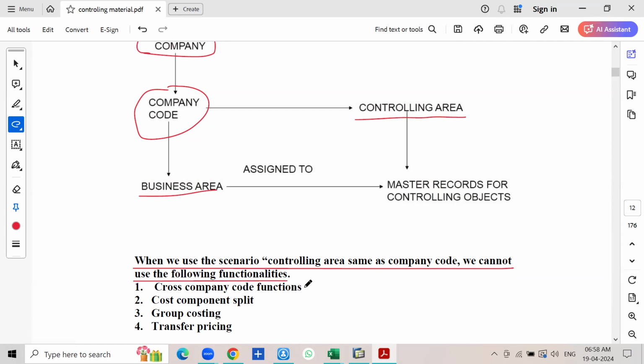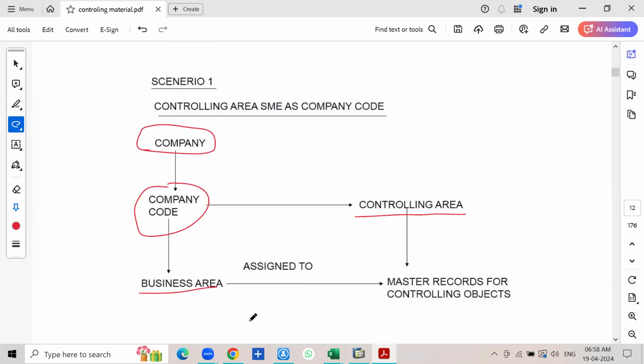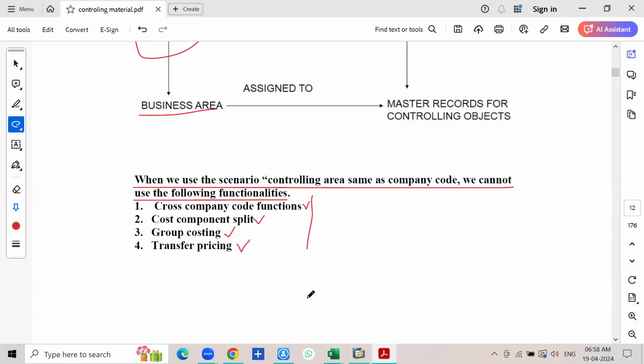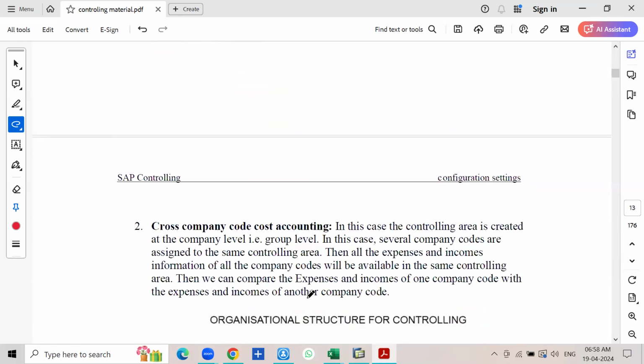Number 1, cross company code functions, cost component split, group costing, transfer pricing. So what are all these functions? We will discuss later on. For the time being, please remember that in the first scenario, controlling area same as company code, we cannot implement these 4 functions.